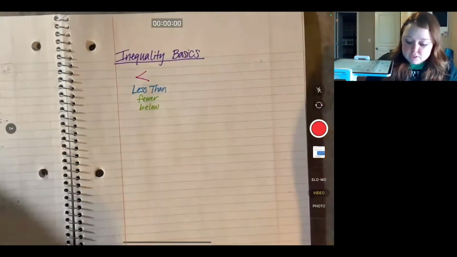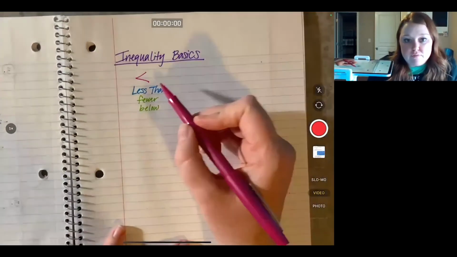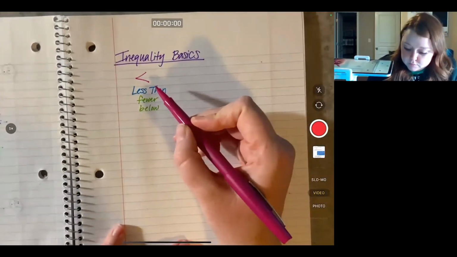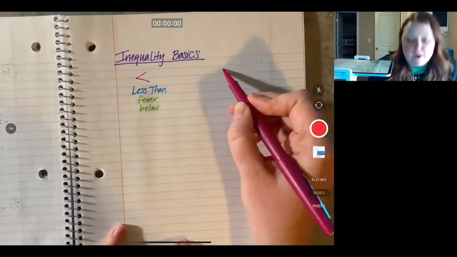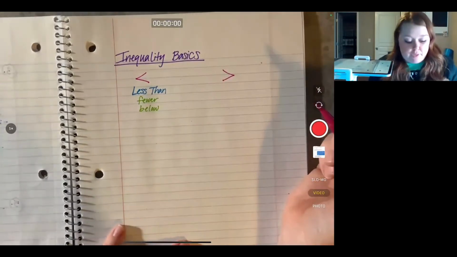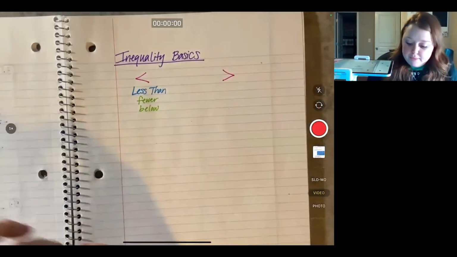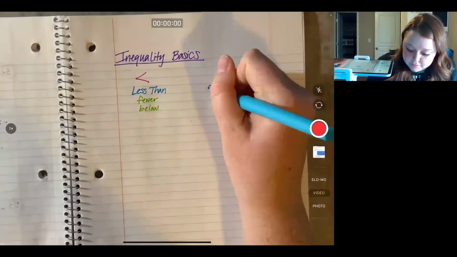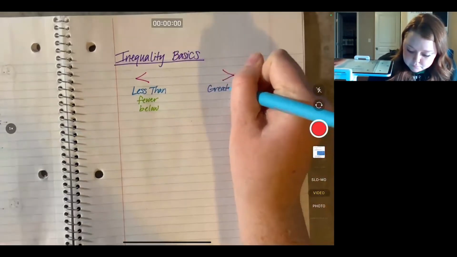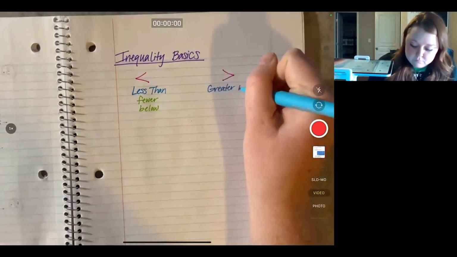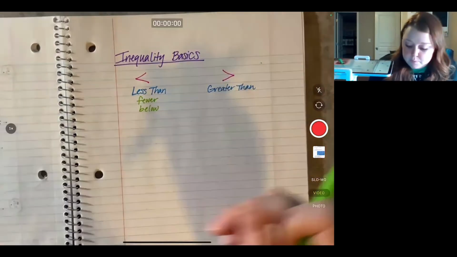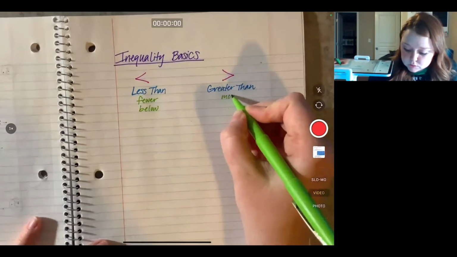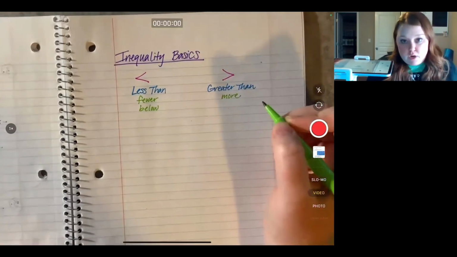All right, so let's talk about the opposite of less than. If you just switch that alligator mouth around, it would be like that, and that is called greater than. Some words that go along with it would be more, as in more than.